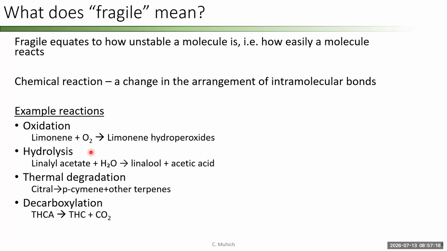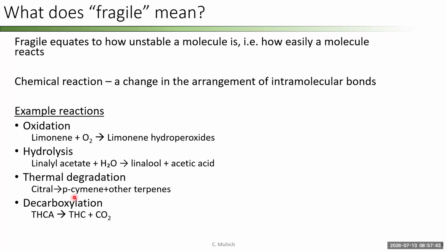We can undergo hydrolysis, where we take linalyl acetate, one of the key compounds from lavender. It reacts with water to form linalool and acetic acid, so this would give it vinegary notes. We can have thermal degradation just by heating up citral.